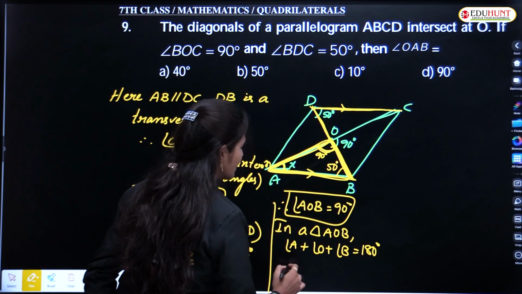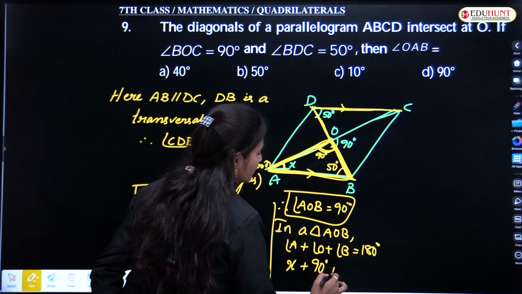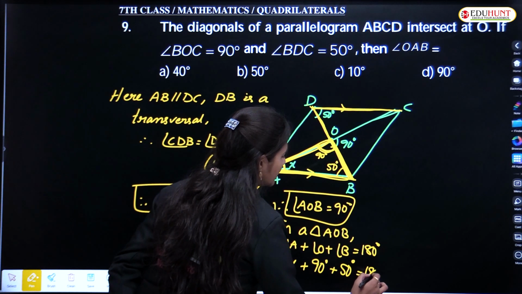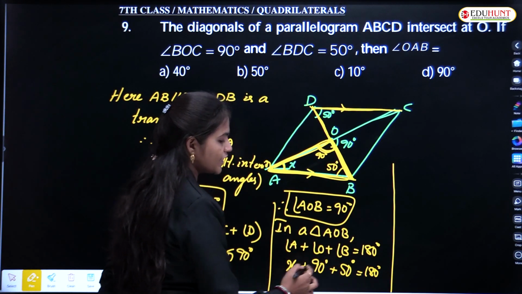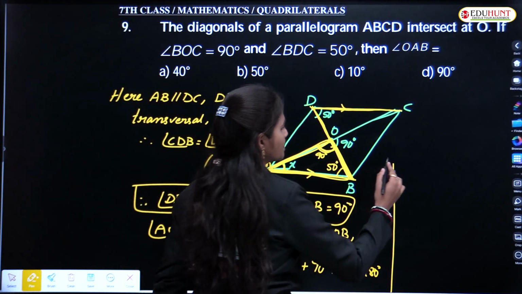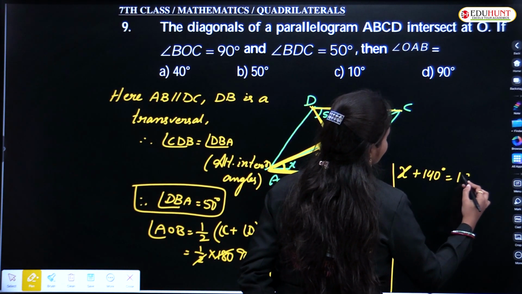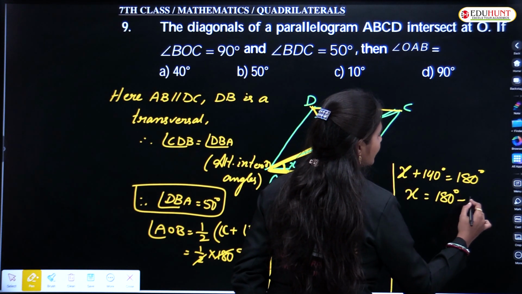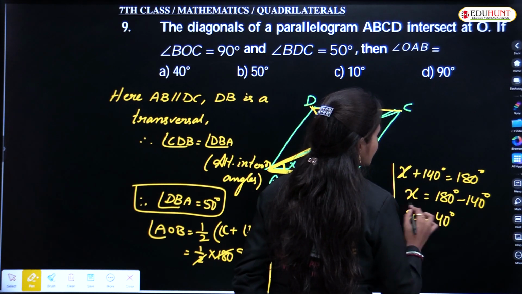So angle A is equal to X, plus angle O is equal to 90 degrees, plus angle B is equal to 50 degrees, is equal to 180 degrees. So here X plus 90 plus 50, X plus 140 is equal to 180 degrees. So from this one X is equal to 180 degrees minus 140 degrees. So X is equal to 40 degrees.